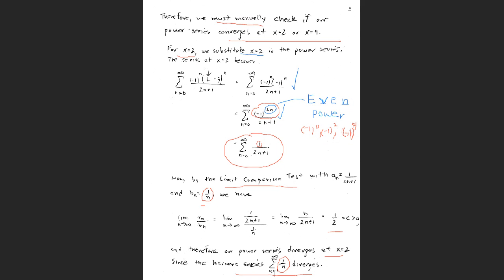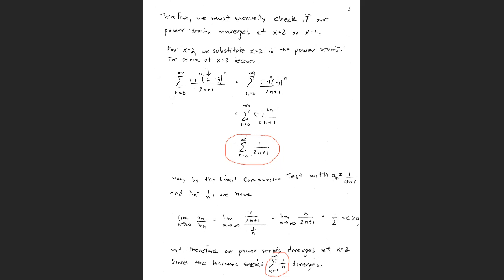our series is the sum where n goes from 0 to infinity of 1 over 2 times n plus 1. The harmonic series is the series n equals 1 to infinity of 1 over n.